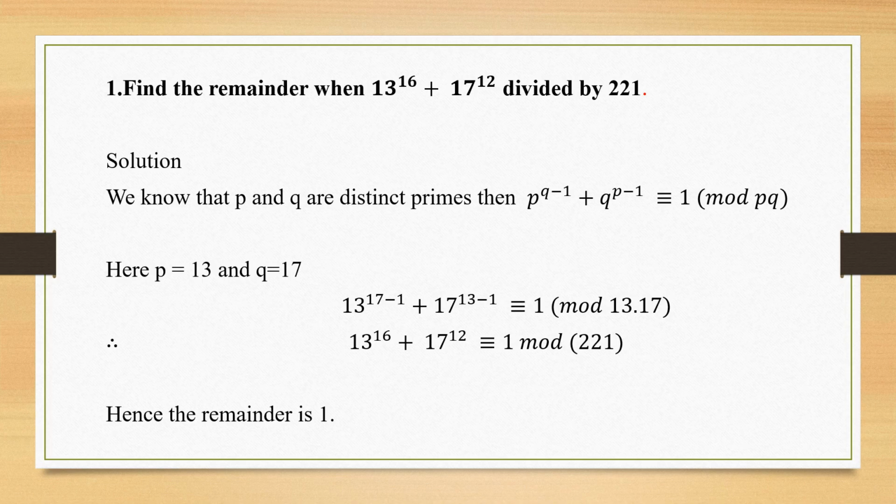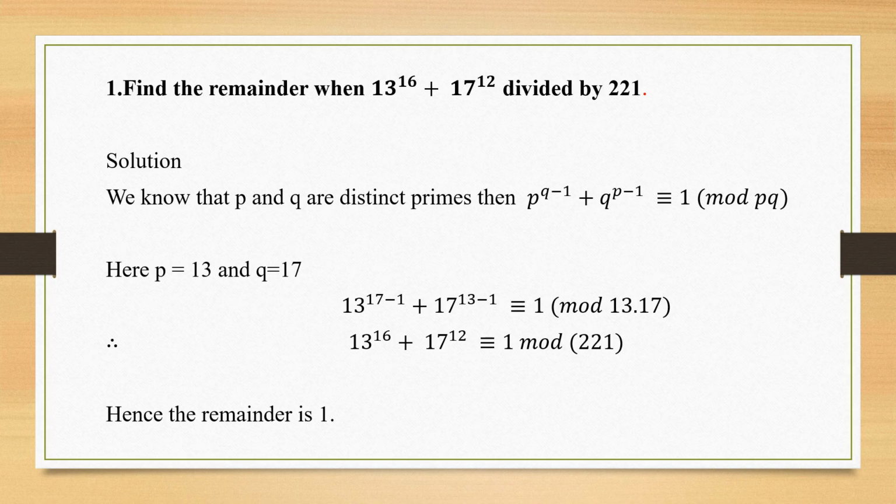So, 13 raised to the power of Q minus 1, where Q is 17, so 17 minus 1, plus 17 raised to the power of P minus 1, which is 13 minus 1, is congruent to 1 mod 13 multiplied by 17, because P value is 13 and Q value is 17. If I multiply 13 and 17, it is going to be 221.